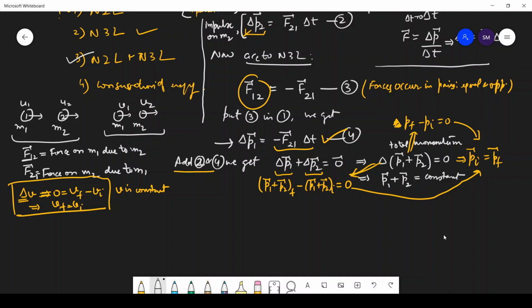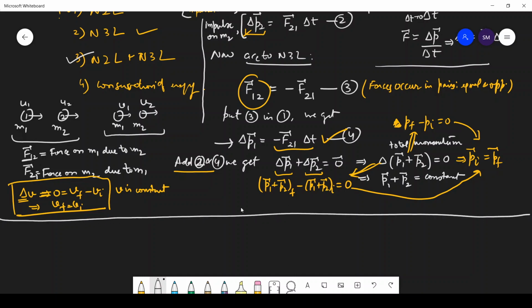So now, we have done the types of collisions. So basically we deal with the extreme types. What are these extremes? Two extreme types.